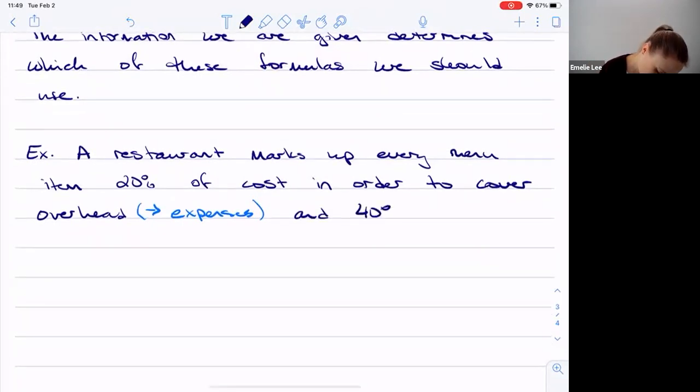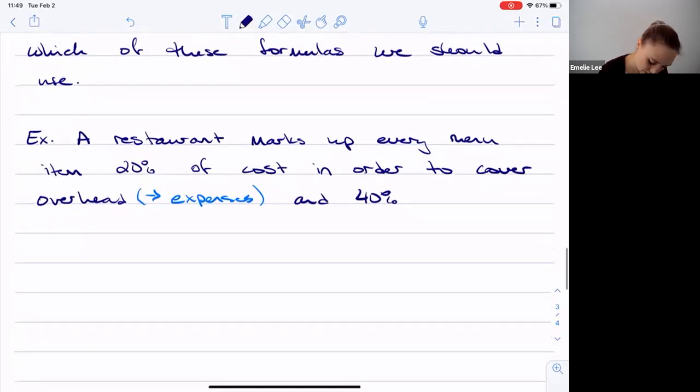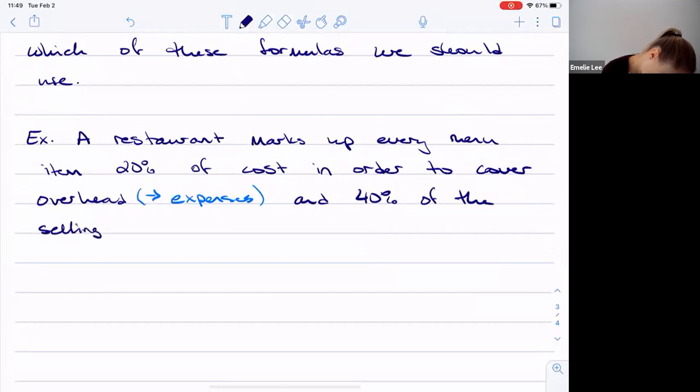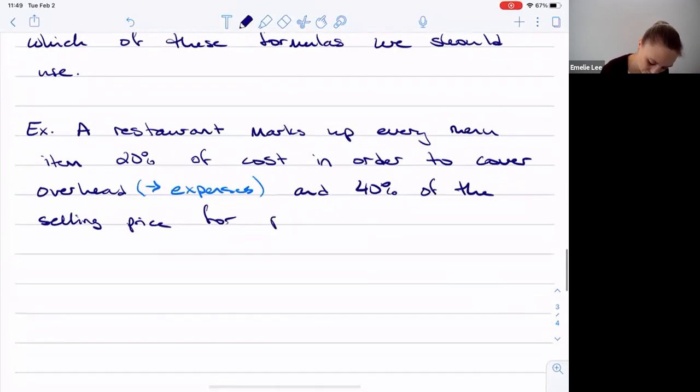And 40% of the selling price for profit. So 40% of the selling price, which is S, for profit, which is going to be P, right? So when you read these things, just replace terms that you know with the variable that it corresponds to.